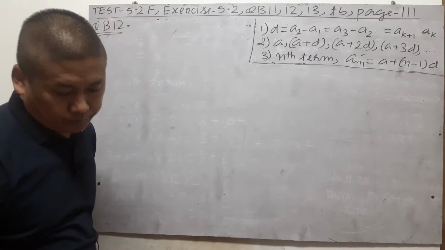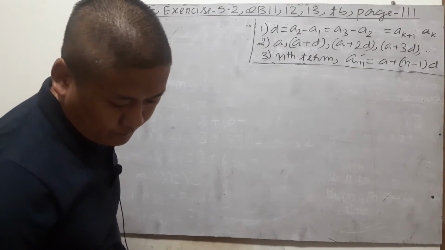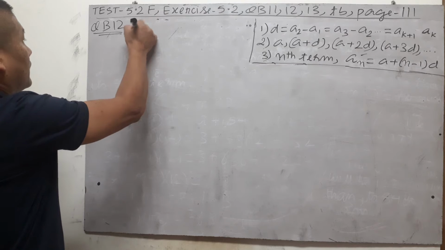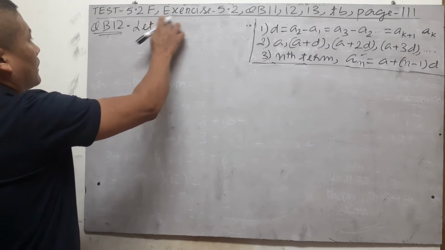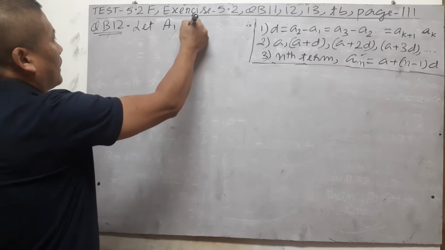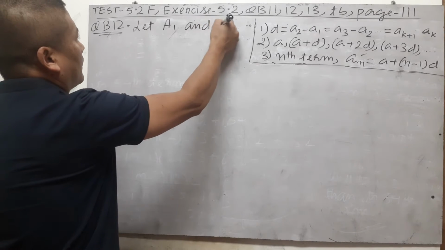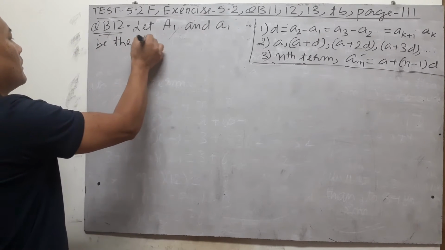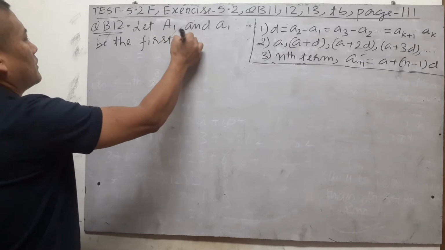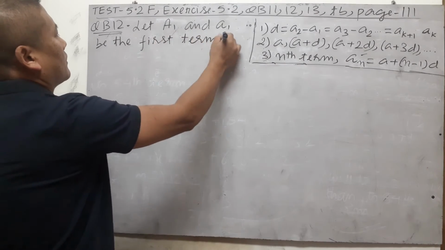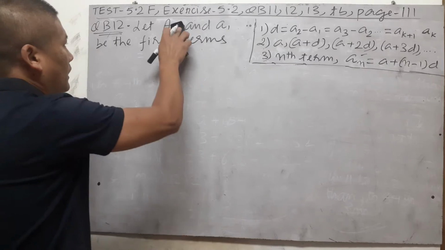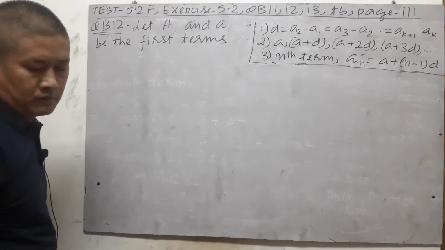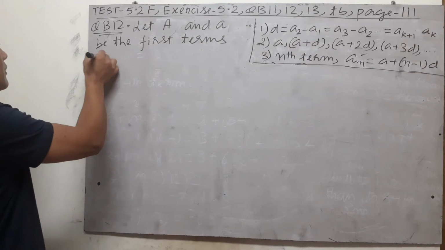So let us assume here, A capital and a small be the first terms of the two APs respectively. Or you can just keep capital A and small a also, that's fine.